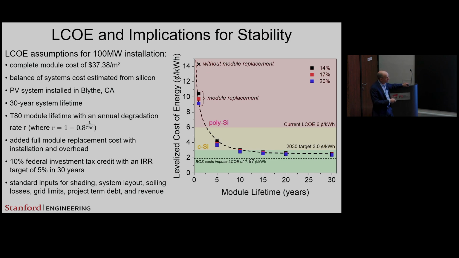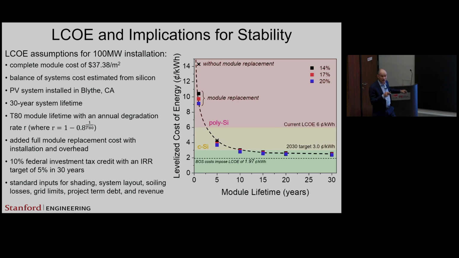So if the module lifetime isn't 30 years, you have to replace the modules. So all of these data points over here show these are module lifetimes of roughly 5 years, but so you would have to swap them out and replace them. And these costs here include that replacement cost.